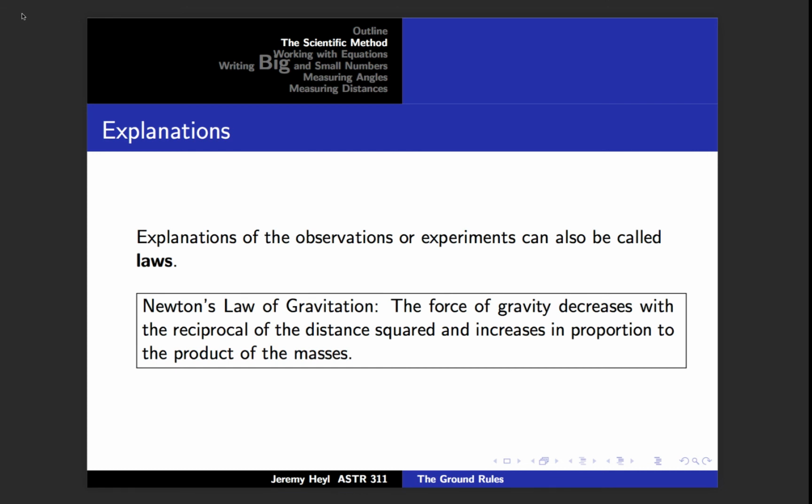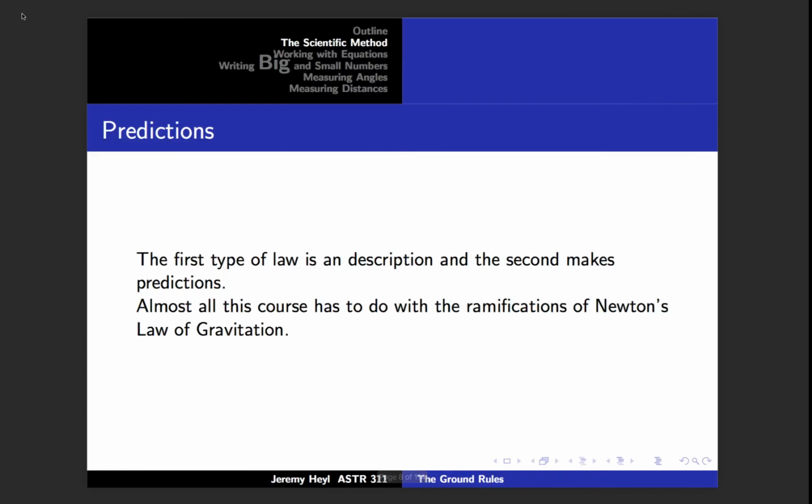This law is an explanation, it turns out. There's nothing in there about planets at all. And this also makes a prediction. This is true for any two objects in the universe, right? So this is another type of law, and it turns out that this law that I just put there is the basic thing that makes the universe go.